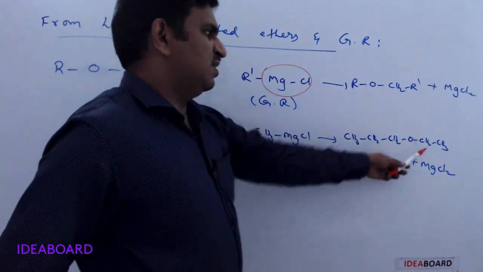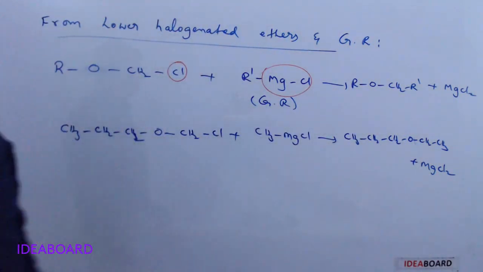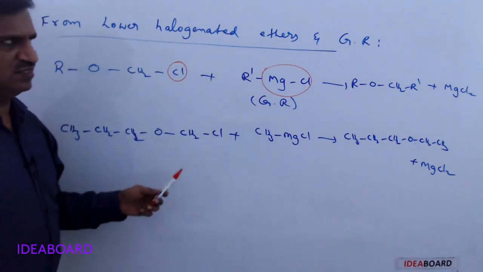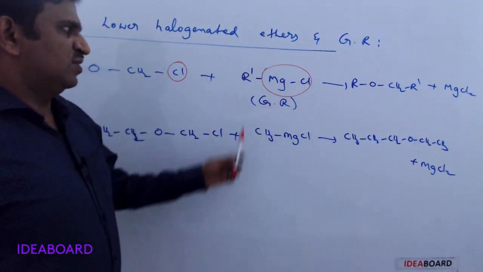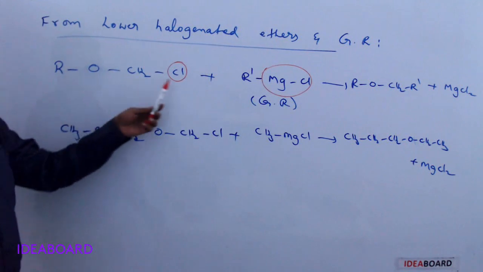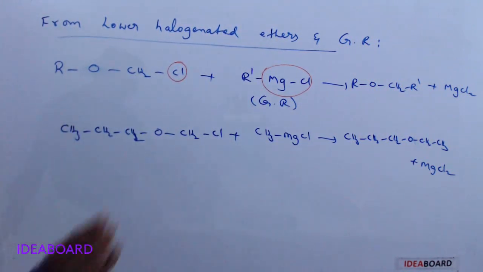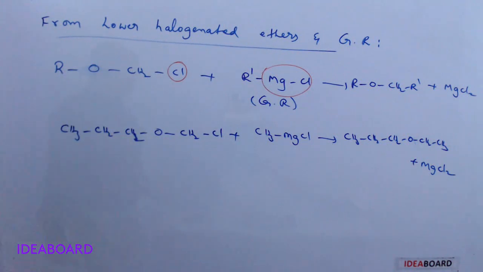That is ethyl propyl ether formed. So this is from lower halogenated ethers and Grignard reagent. The Grignard reagent reacts with lower halogenated ethers to give higher ethers, containing a higher number of carbon atoms.